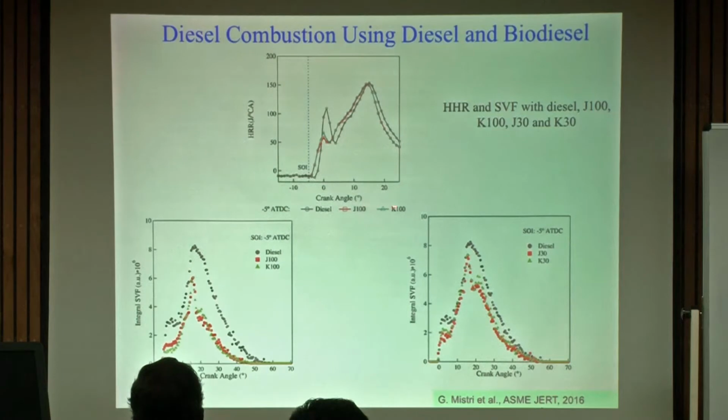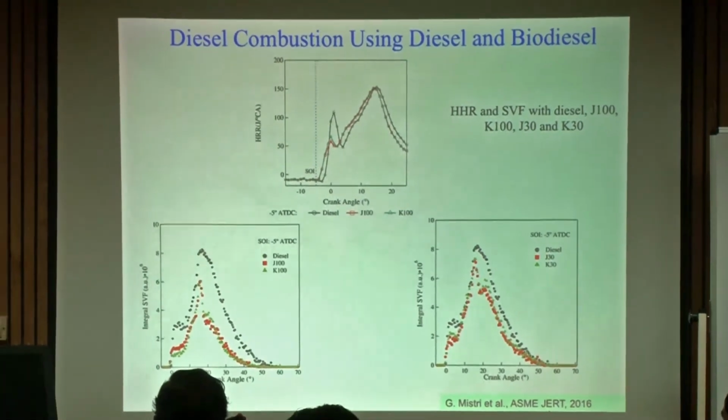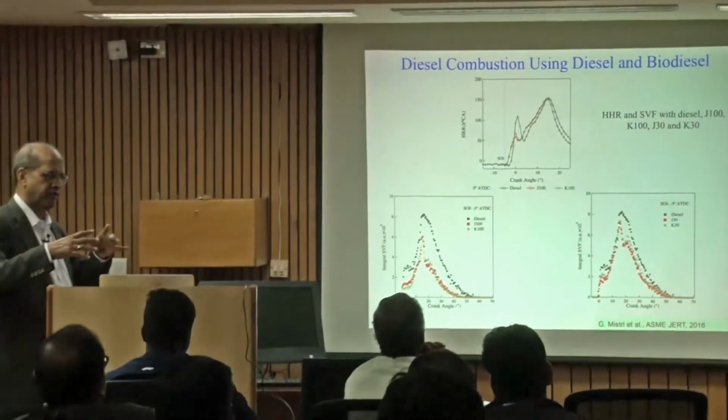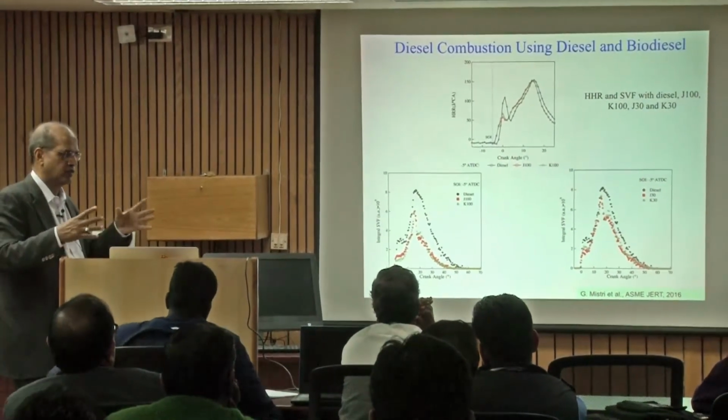What you notice is, because the cetane number of biodiesel is higher, ignition occurs earlier, whereas for diesel you see the ignition occurs later. Because of this difference in the ignition delay, the equivalence ratio for the premix combustion, instead of, let's say, phi 4, will become phi 2.